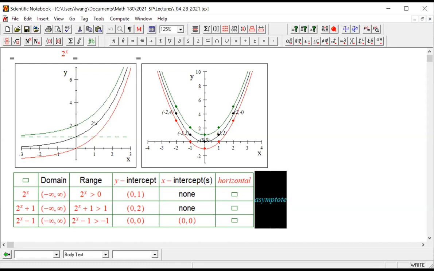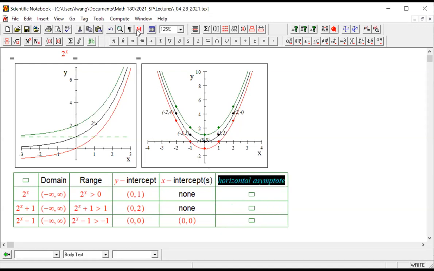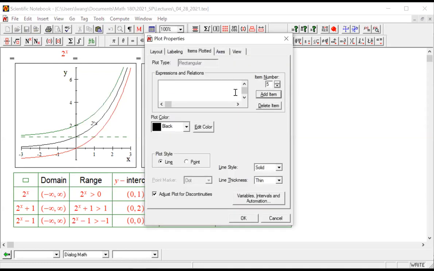For 2 to the power x, the horizontal asymptote was what equation? Y equals 0. Excellent.